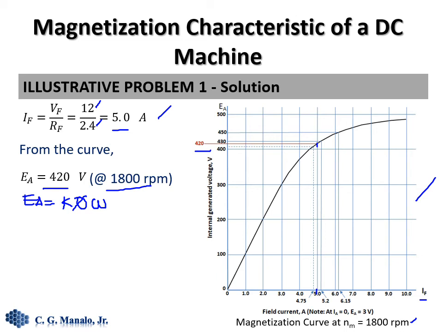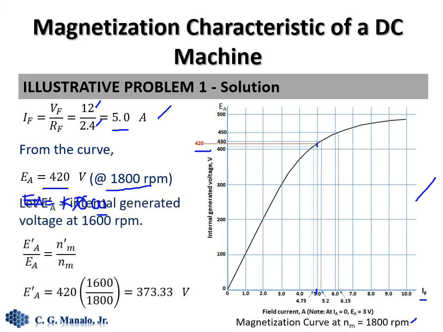Since the speed is lower, we would expect a lower EA. To get the actual EA, we need to do a ratio and proportion to normalize our EA at 1600 RPM. That will give us a lower EA.